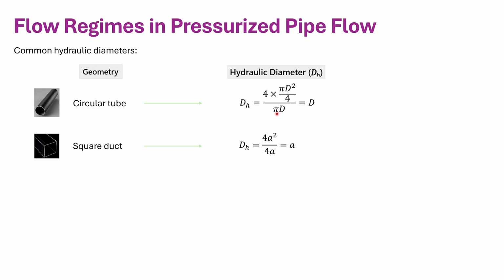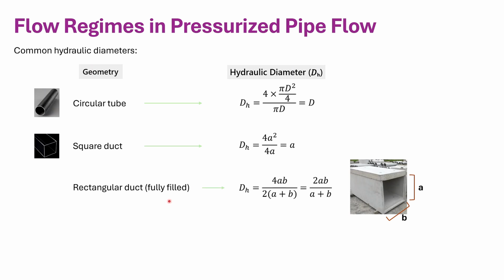So if we simplify this fraction, we get d. So the hydraulic diameter for a circular tube or pipe, which is completely filled with water or fluid, is basically d. For a square duct, d sub h is 4 times a squared divided by 4a, which becomes a.